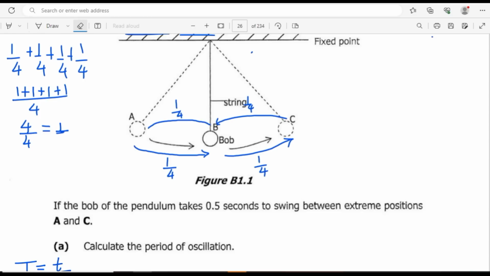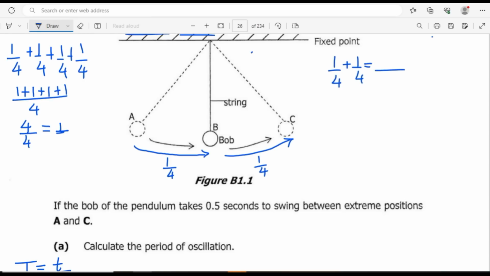Now let's say this bob moves from A to C. How can we count the number of oscillations? A to C, you just have to say 1/4 plus 1/4.